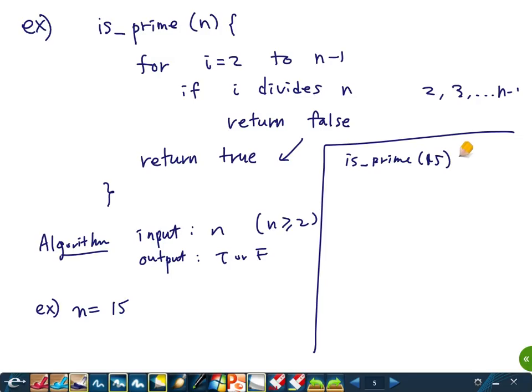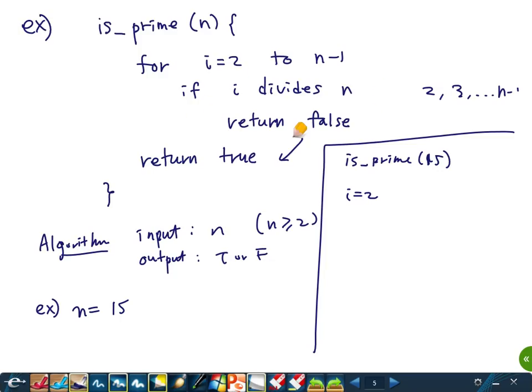What does the algorithm do here? So first we say i equals 2 and see if i divides 15. Does i divide 15? 2 does not divide 15. So this is not executed.